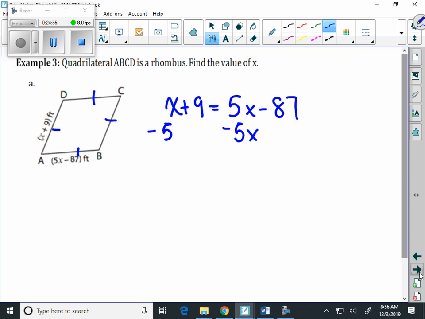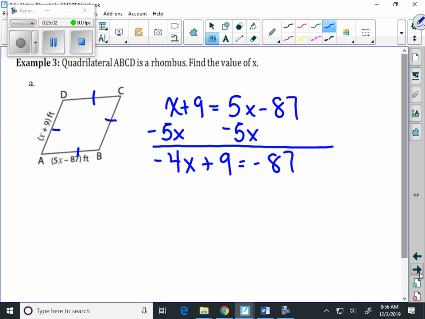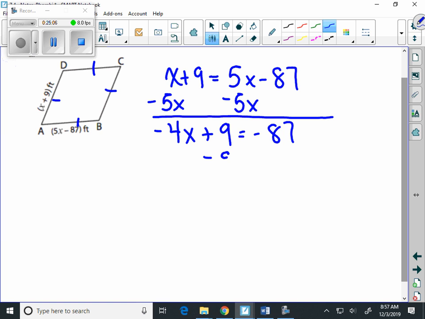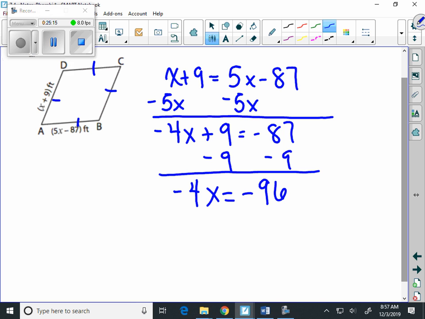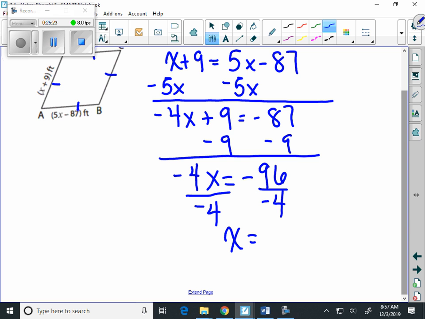I'm going to subtract 5x from both sides. And we get negative 4x plus 9 equals negative 87. Subtract 9 from both sides. And we get negative 4x equals negative 96. And then finally, we can divide both sides by negative 4. And we get x equals 24.